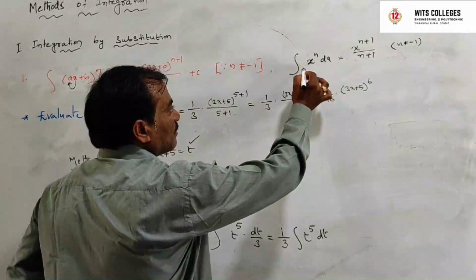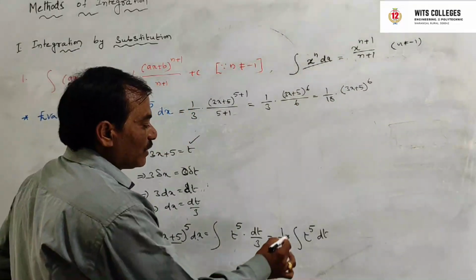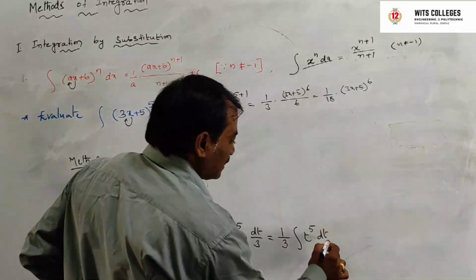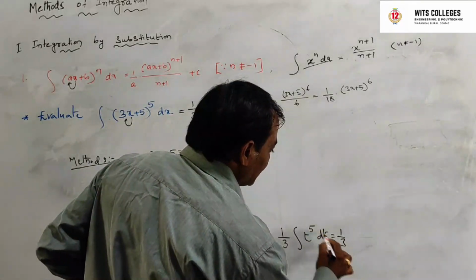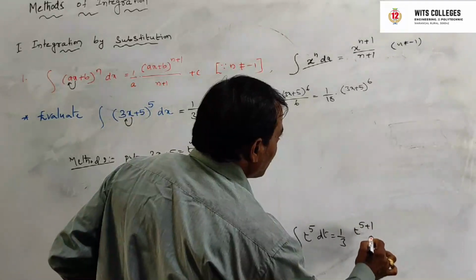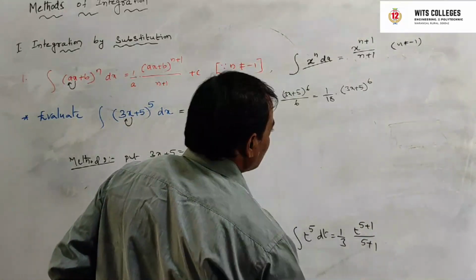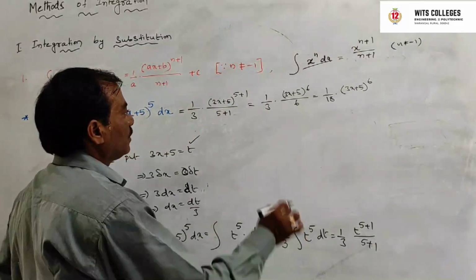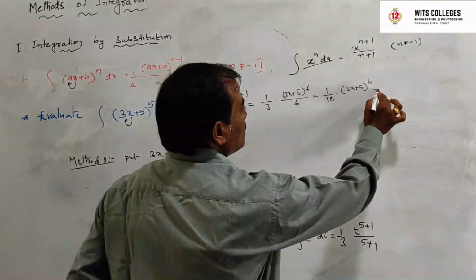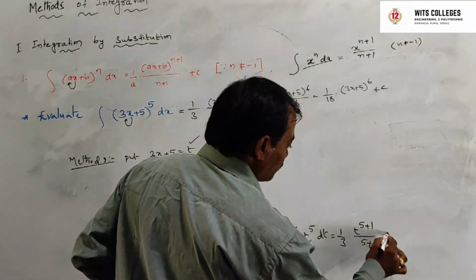So this is in the form of the standard integral formula. Therefore the integral of t^5 dt equals 1/3 times t^(5+1)/(5+1). Here we have to write plus c.